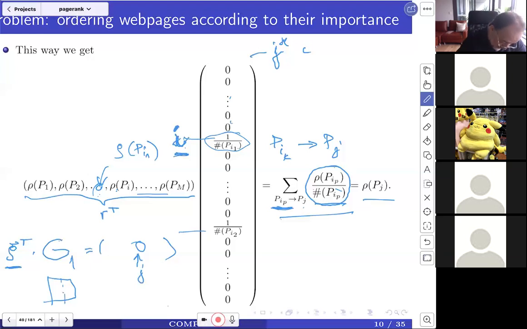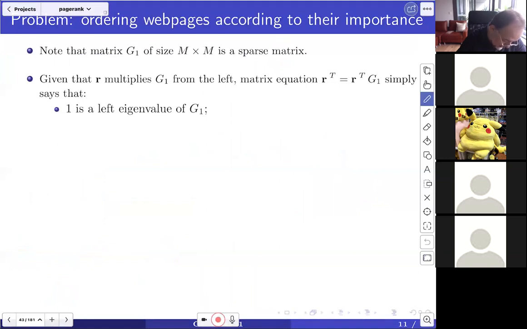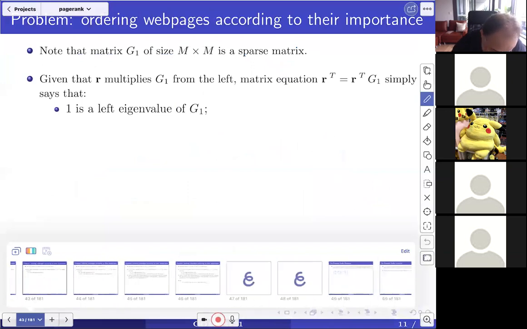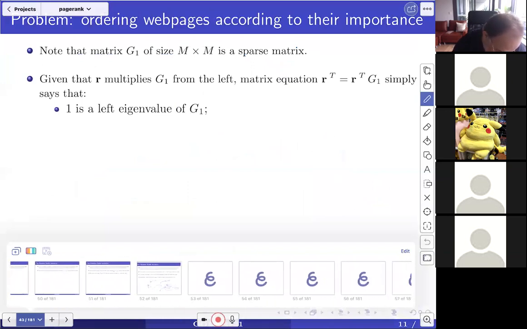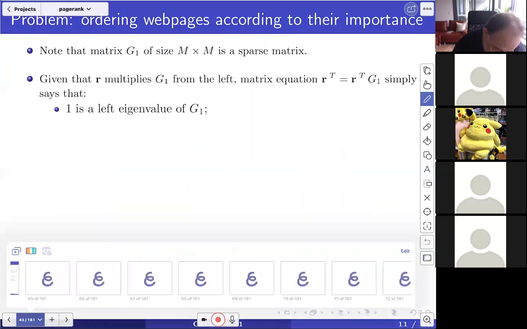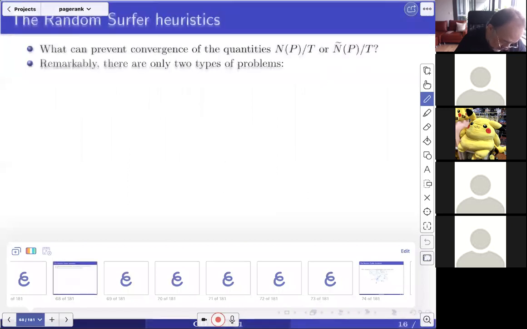So quickly going back to the slides, let me see, let's try this one.